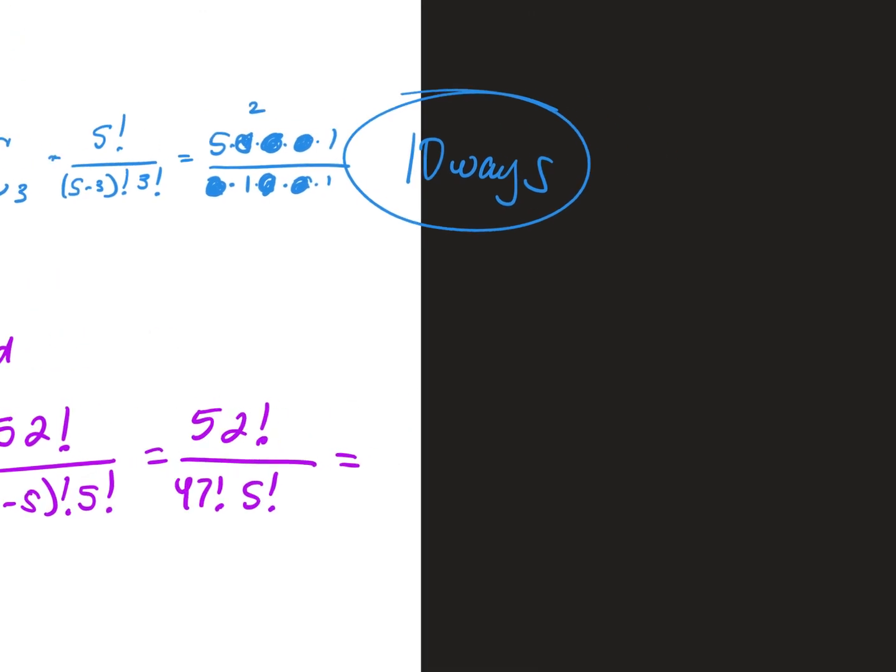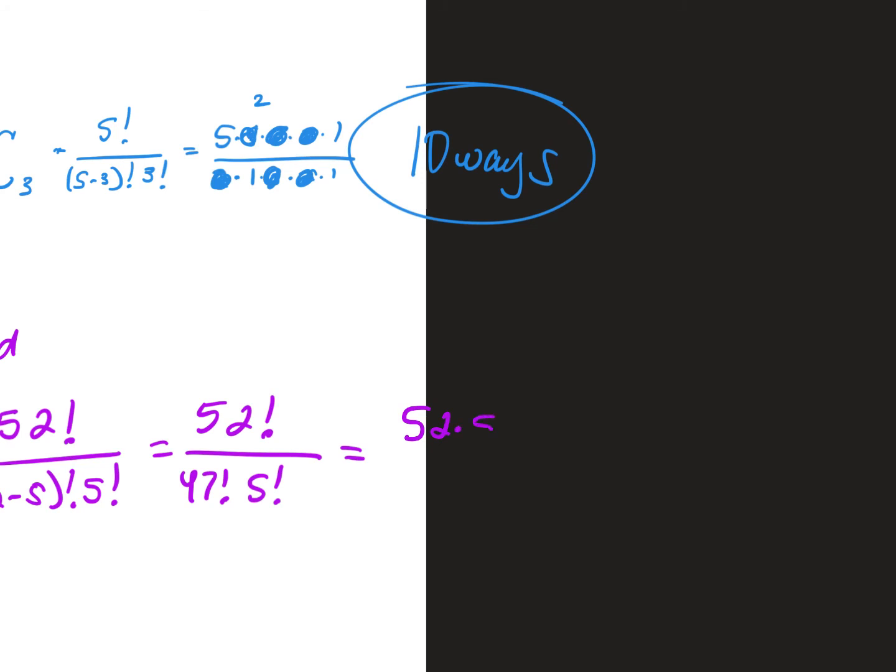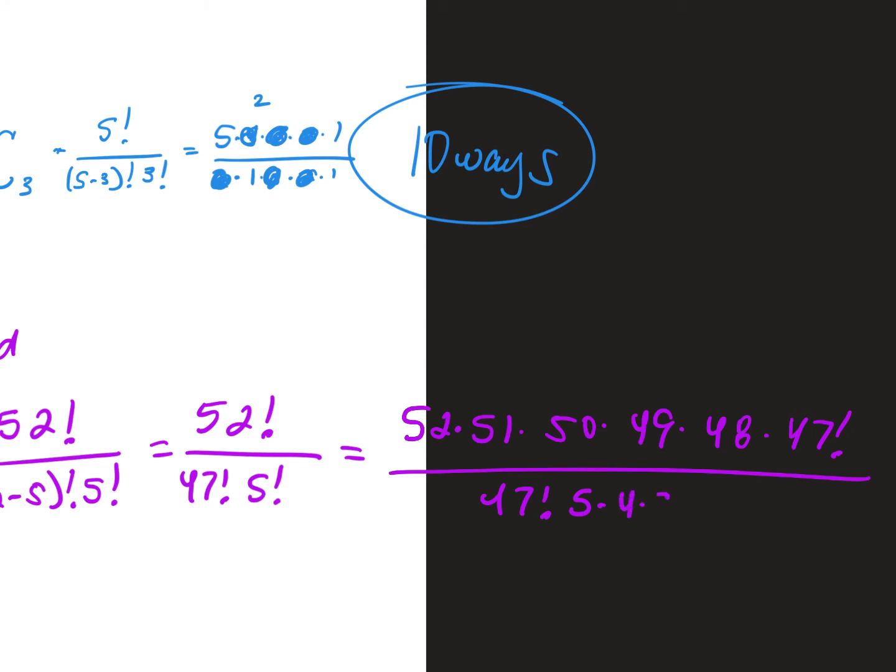And now you just write it out. So 52, 51, 50, 49, 48. Why am I stopping at 47 factorial? Because I have a 47 factorial on the bottom. So those cancel. 5 goes into 50 10 times.